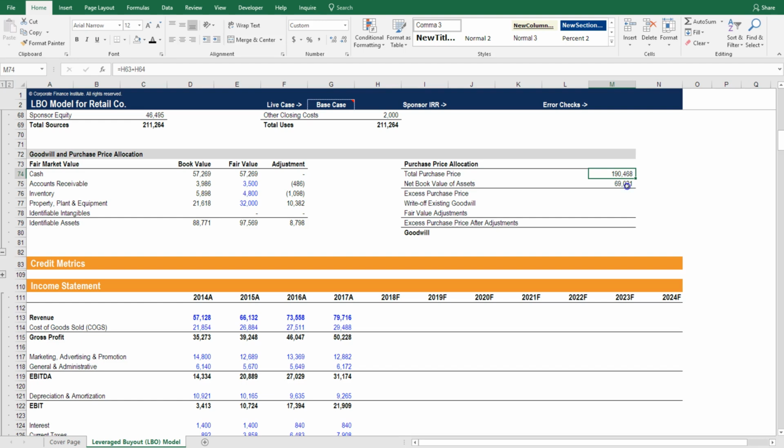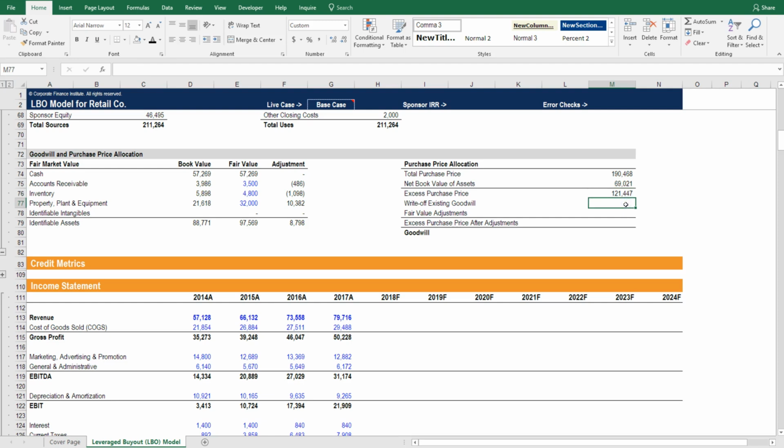And then we've got the net book value of assets, which is also an equity value of the business. So what we're saying is if the book value of the business is 69 million and the price we paid for the business is 190, there's obviously this excess purchase price. So we can take the actual purchase price, deduct the book value, and we get this excess here. And that's what's going to drive the goodwill calculation.